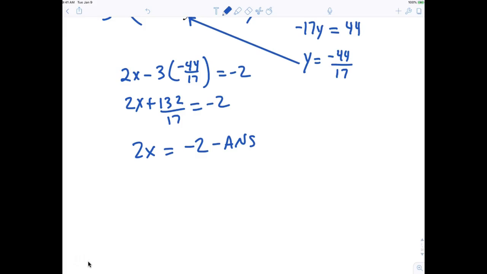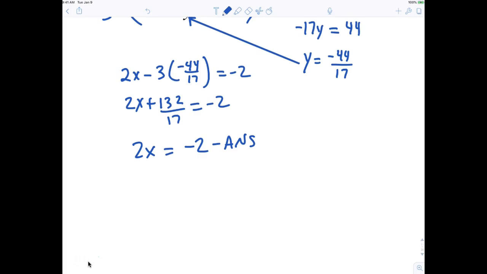It's above the negative. So do -2 minus second answer. Enter. Does that make sense? So we don't have to continue.